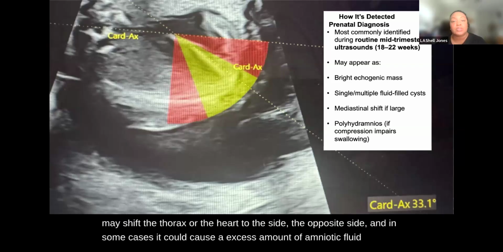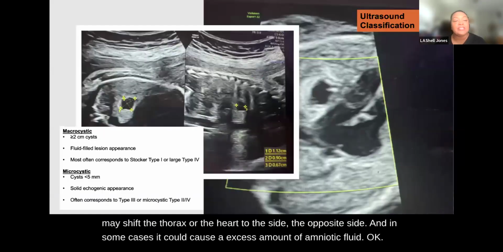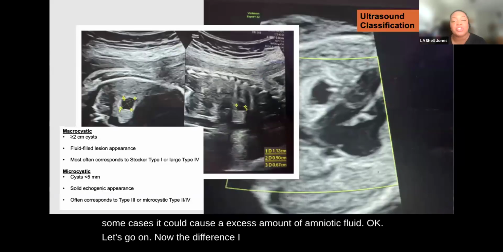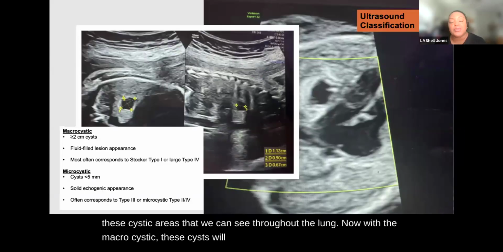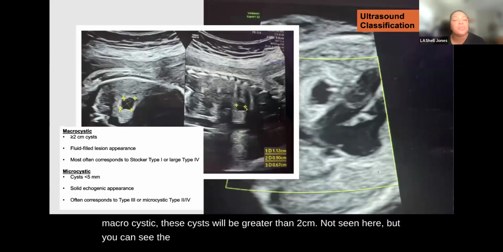Okay, let's go on. I have some demonstrations here of these cystic areas that we can see throughout the lung. Now with the macrocystic, these cysts will be greater than 2 centimeters. Not seen here, but you can see the difference. It's going to be a little bigger than what's shown in a demonstration.